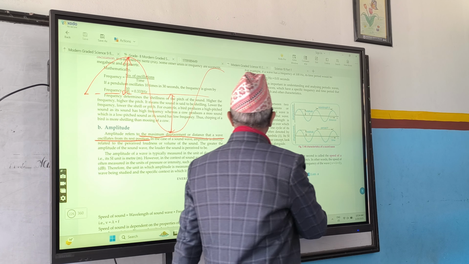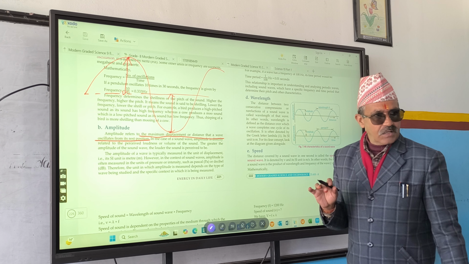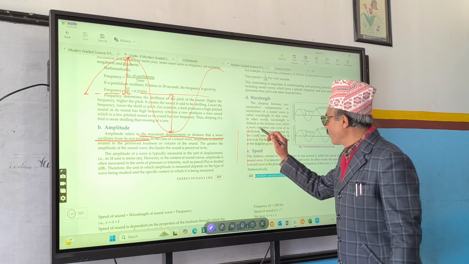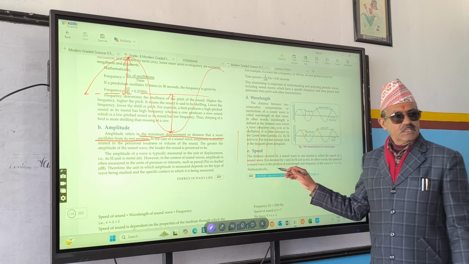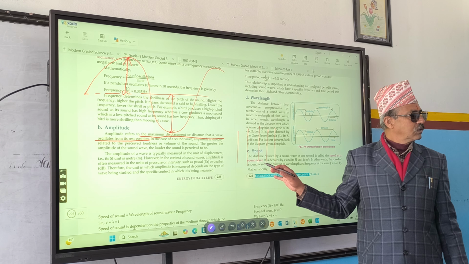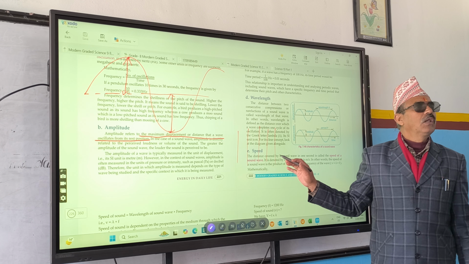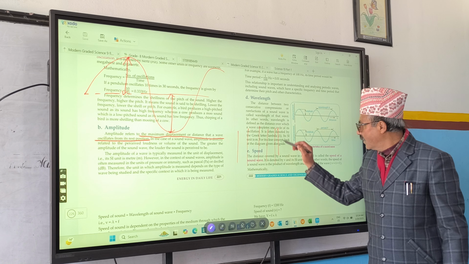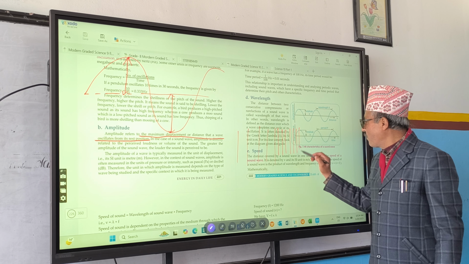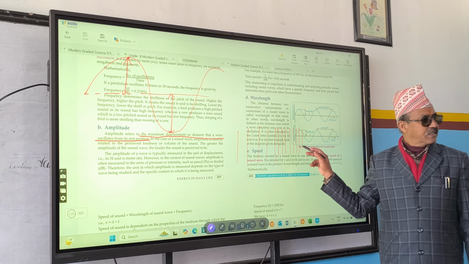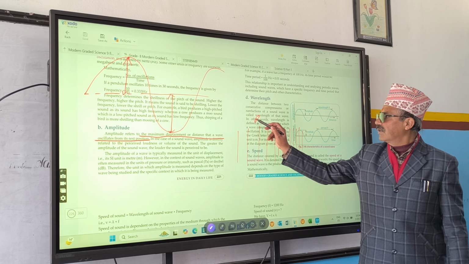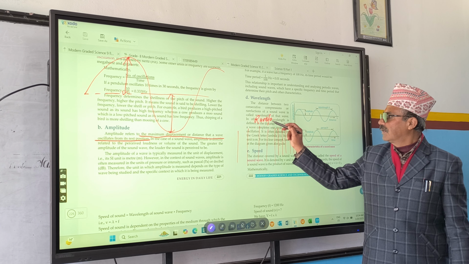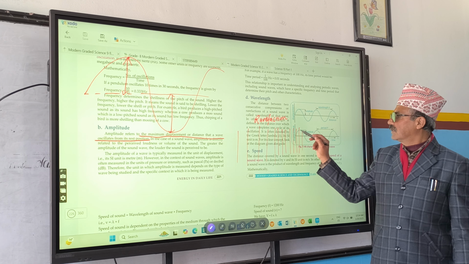Again you may ask, sir, what happens in compression and rarefaction? Suppose this is a loose region. This loose region is called rarefaction. Now comparatively this is a bit tight. This is compression.